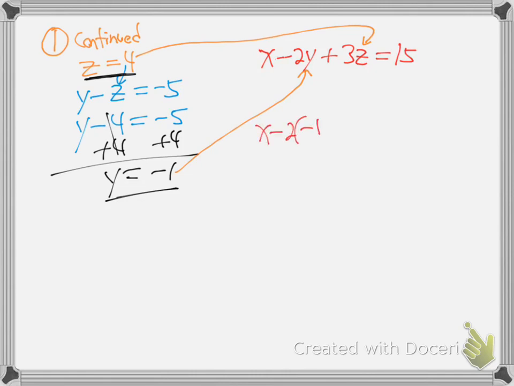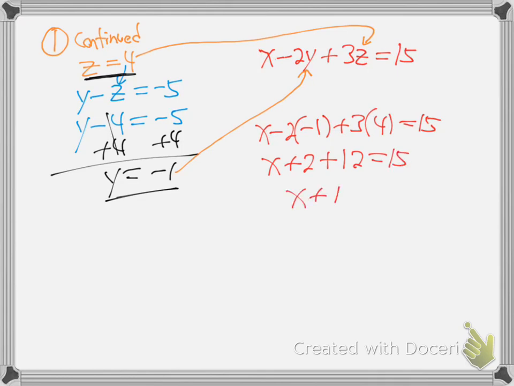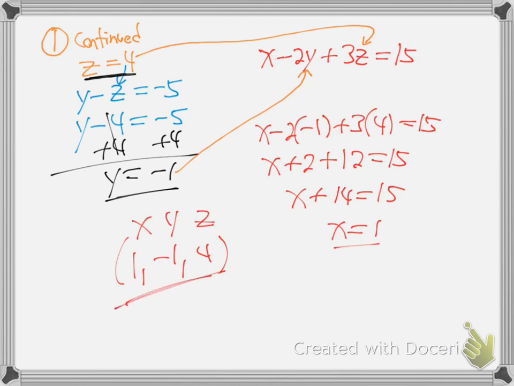X minus 2 times negative 1 plus 3 times 4 is 15. X plus 2 plus 12 is 15. X plus 14 is 15. X is 1. So the answer is 1, negative 1, 4. That's X, Y, Z. There we go.